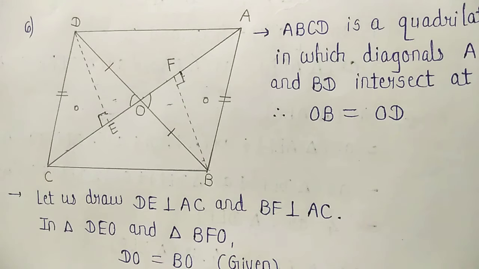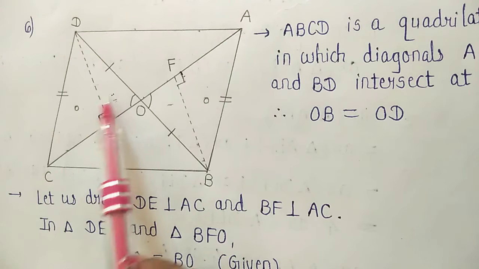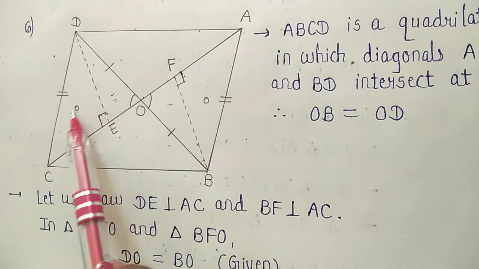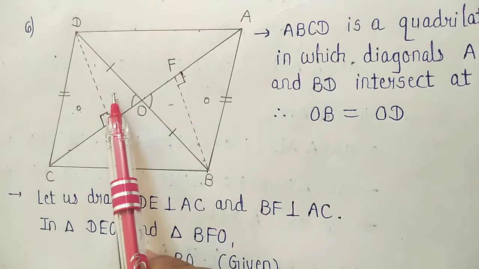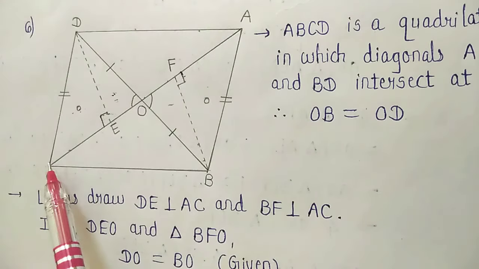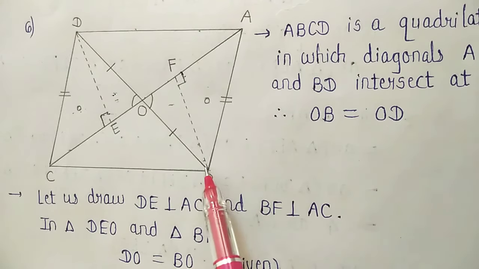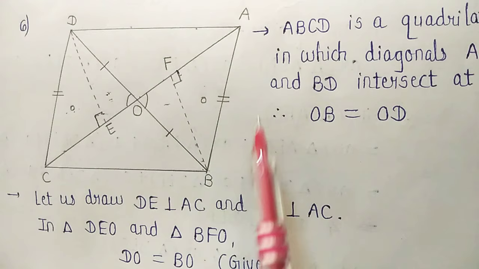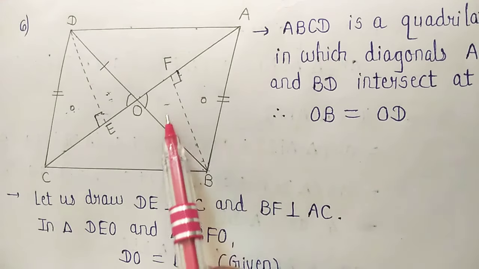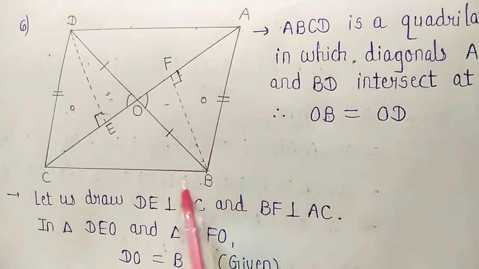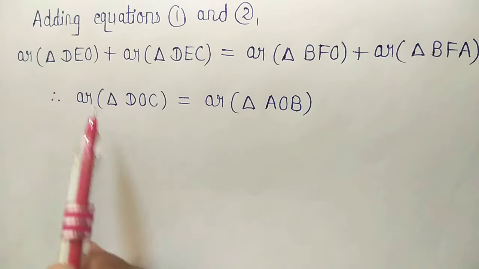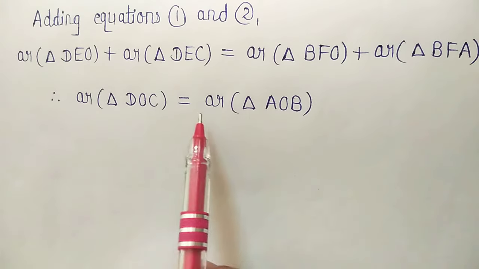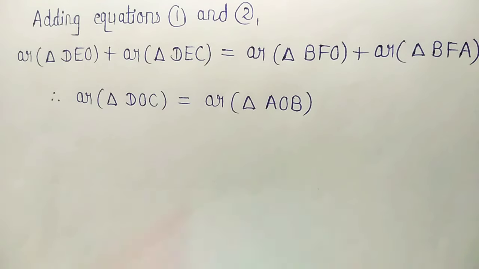If we add area of triangle DEO and area of triangle DEC, what do we get? We'll get area of DOC. Similarly, if we add area of triangle BOF and area of triangle BFA, we get area of triangle AOB. So we'll write, therefore, area of triangle DOC is equal to area of triangle AOB. This first we have proved.